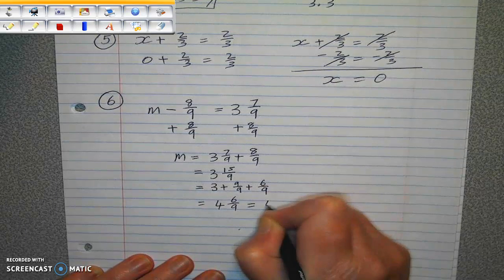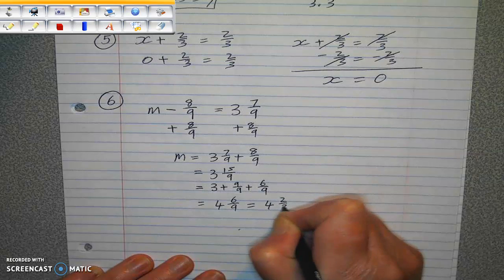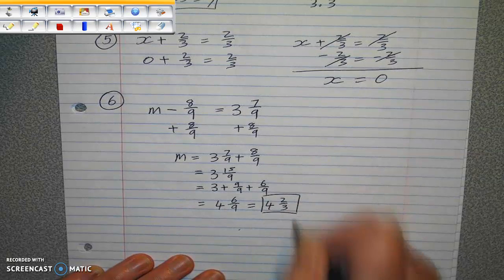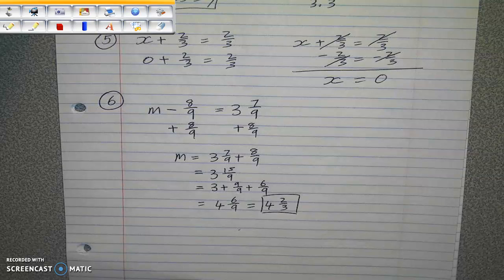And you can simplify that to 4 and 2/3, which would be the final answer for that question. So it's a matter of just adding, once you've got a common denominator, you just add the 2 fractions together, and then you simplify from there.